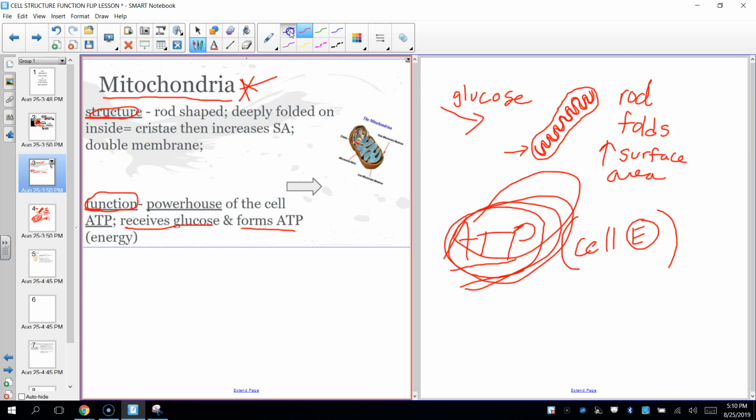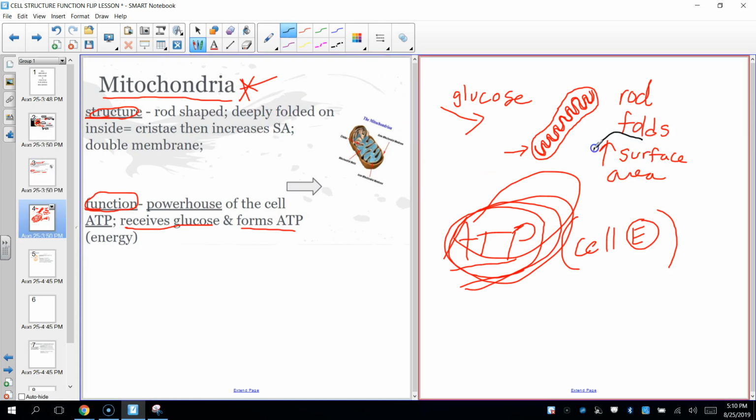I want to talk a little bit more about surface area because that's really important. So if you guys think of just a mitochondria, and let's say its inner folds is just one line, okay? And let's compare that to a mitochondria that has cristae, or these inner folds, and there's lots of surface of them.